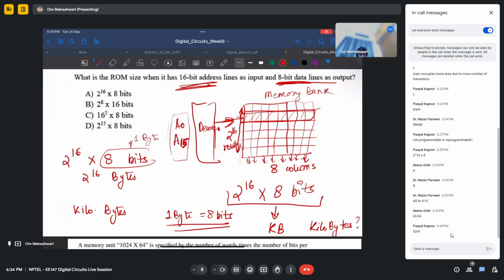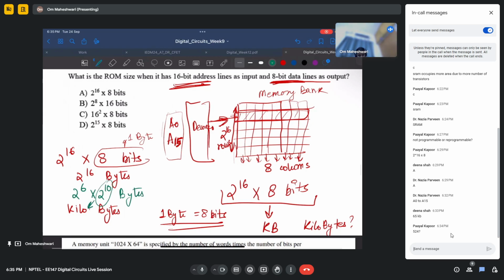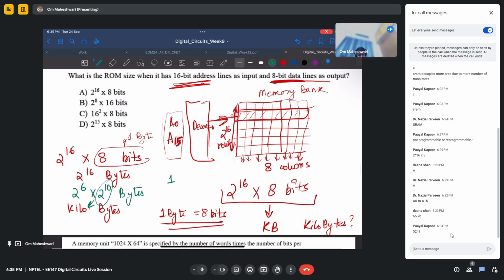Now we can break this 2 to the power 16 into two parts: 2 to the power 6 into 2 to the power 10 bytes. Now, what is 2 to the power 10? This is kilo, right? 1K equals 2 to the power 10. So you have 2 to the power 6 kilobytes, and 2 to the power 6 is 64.